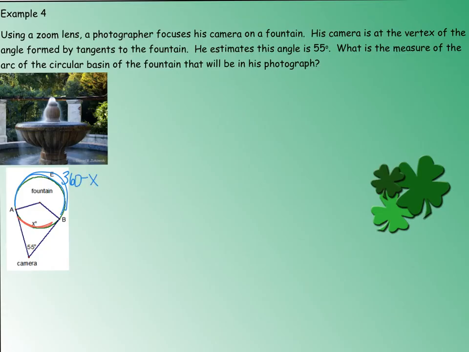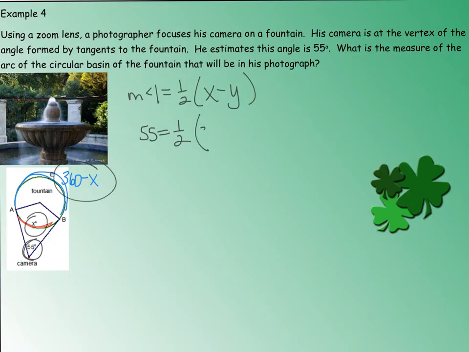So if I'm thinking about my formula with 2 tangents, I'm thinking of the measure of angle 1 is equal to 1/2 of x minus y. Well, the measure of angle 1 is 55 degrees, is equal to 1/2 times the big arc minus the little arc. So 360 minus x. I can combine some like terms. So 55 equals 1/2 times 360 minus 2x.